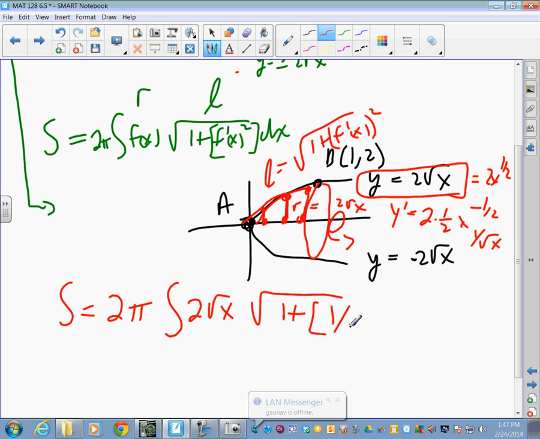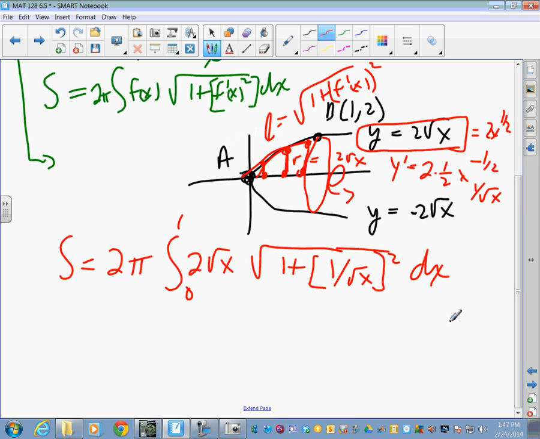Nice. Look at it, wait for that integral. I'm going from 0 to 1.